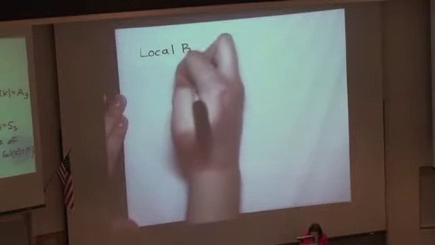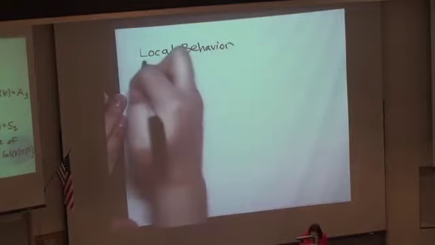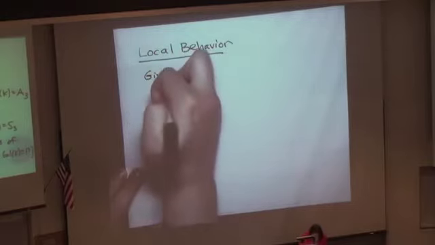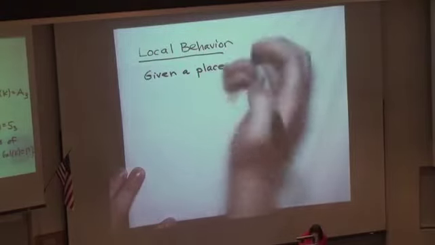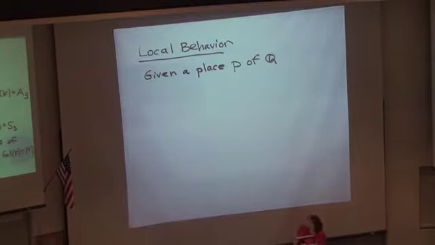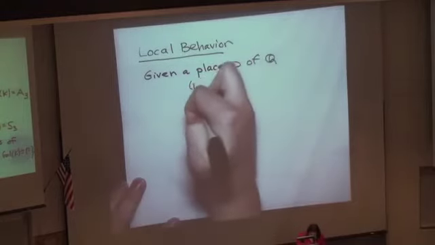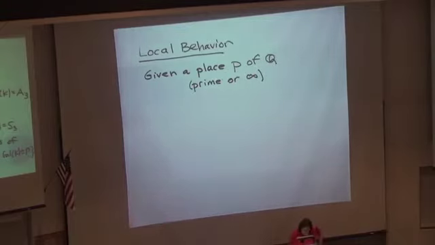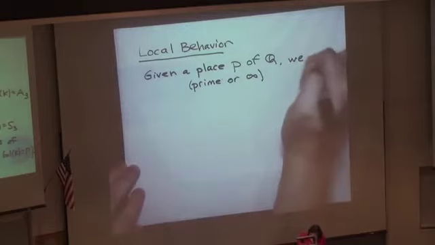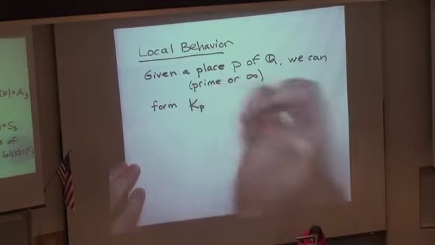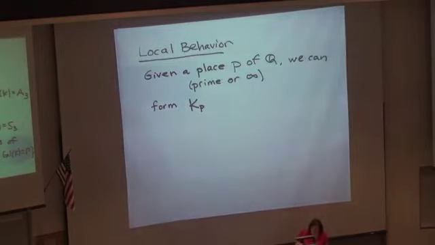So given a place P of Q, and I write P, but since I said place, I really do mean a prime or infinity, we can form, say, K_P. So this is what K looks like at the prime or place P.